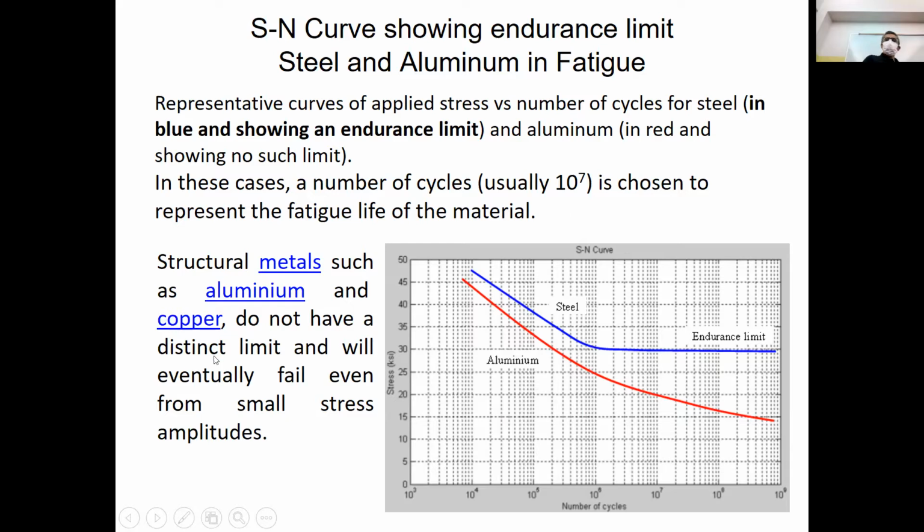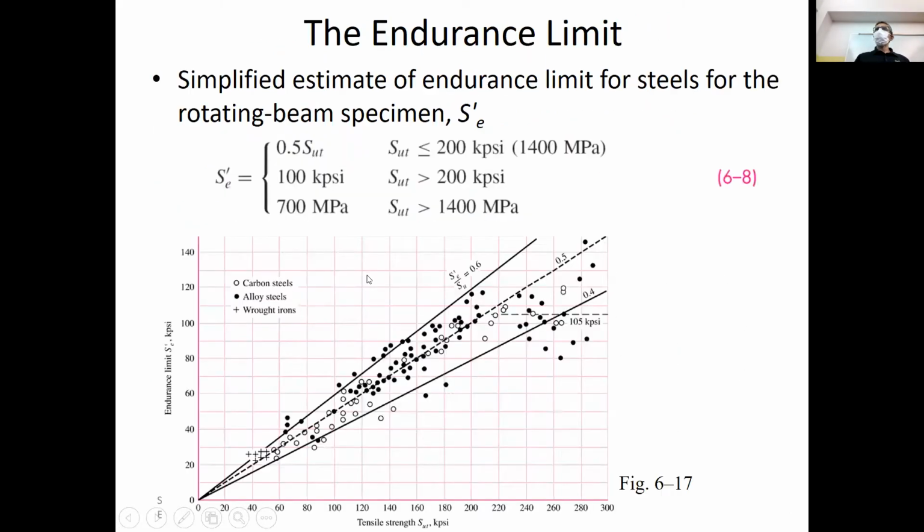For mechanical applications, we usually want to design components that can survive more than 1,000 cycles. We refer to this as high cycle fatigue, going from 1,000 to 1,000,000 cycles, right? So we want to use that infinite number of cycles or 1,000,000 cycles, so we want to use that endurance limit.